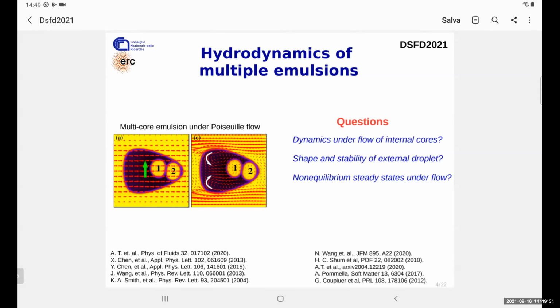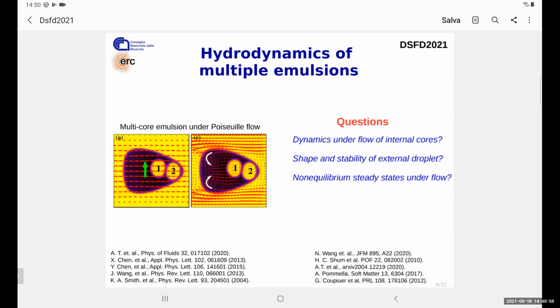We have droplets 1 and 2, surrounded by this deformed layer, because of the effect of the flow. And with these red arrows, we indicate the direction of the fluid velocity. So it's almost maximum in the middle of the channel and almost zero at the top and bottom where there are walls. We have flat walls to simulate the effect of the microchannel. Of course, this is a portion of the microchannel. The microchannel is much longer in our simulations.